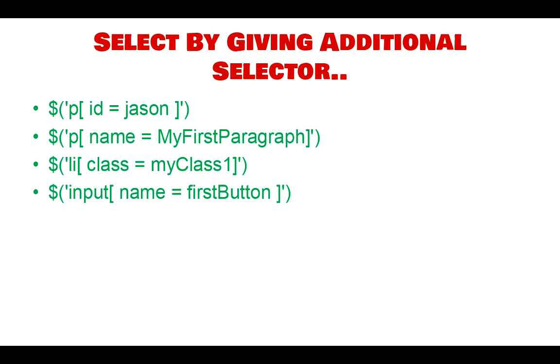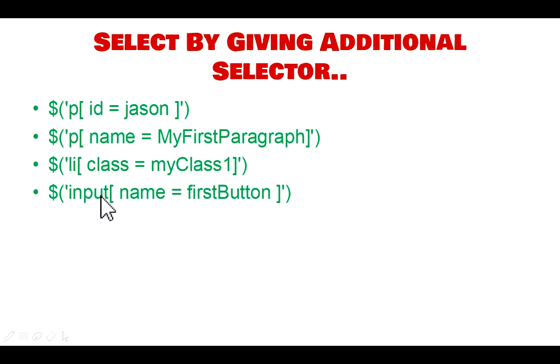Now select by giving additional selector. You can see the first one: select all the paragraph, but here is the condition whose ID is JSON. Select all the paragraph whose name is my first paragraph. Select all the list whose class is my class 1.